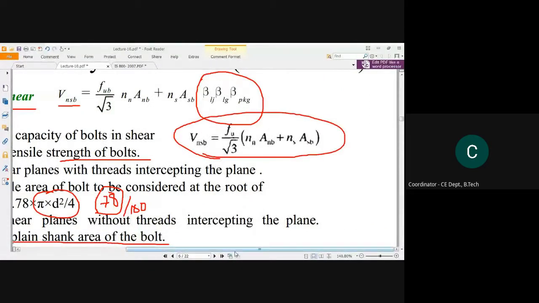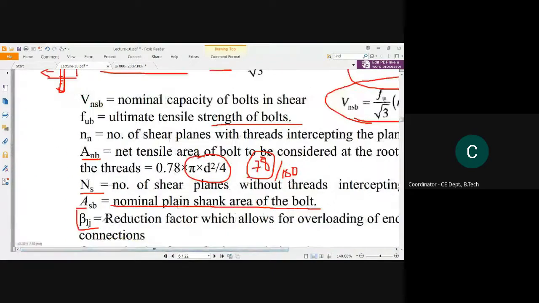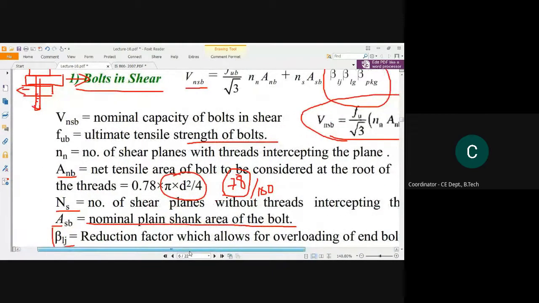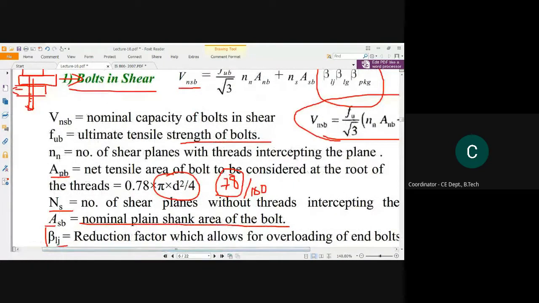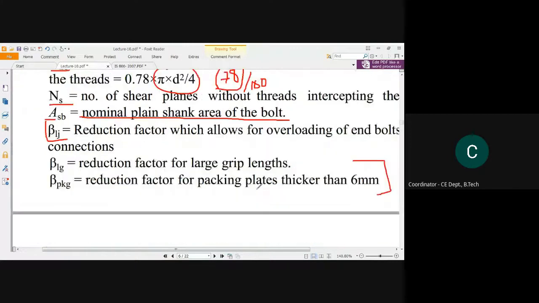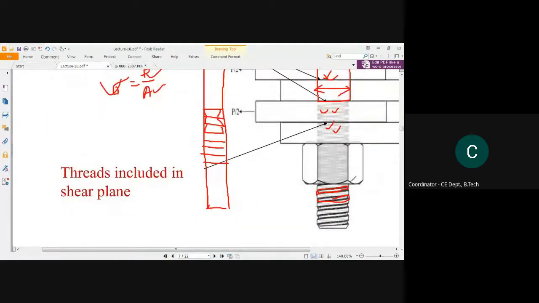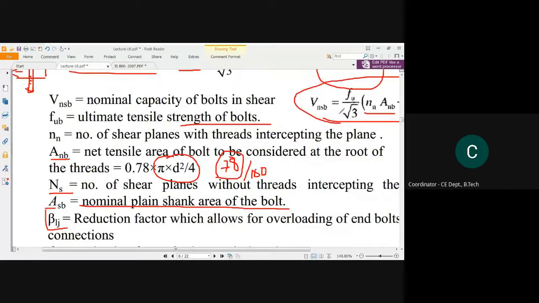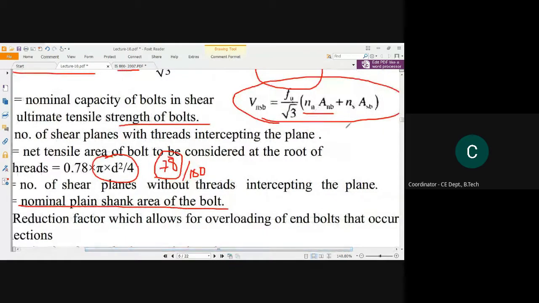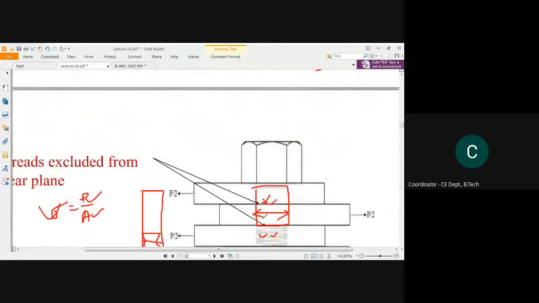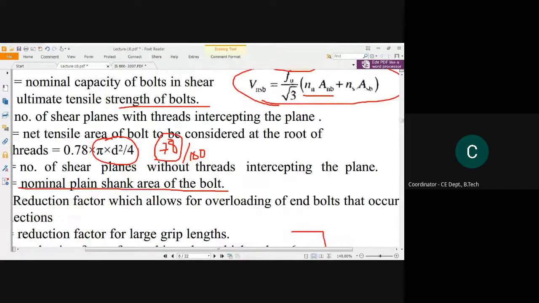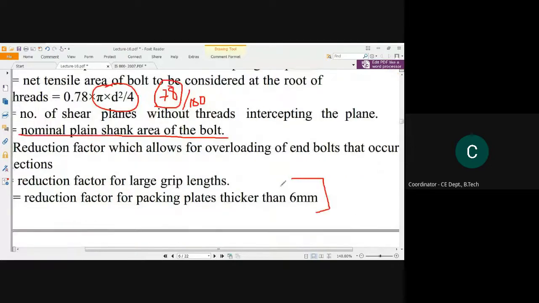See, Nn was representing our number of shear planes with thread, and this is multiplied with Anb. Anb was the net tensile area in the threaded part, and Nn was the plane lying in between the threaded part, which is Nn into Anb, plus Ns, the shear plane lying in the pure shank part, into Asb, the shank area.